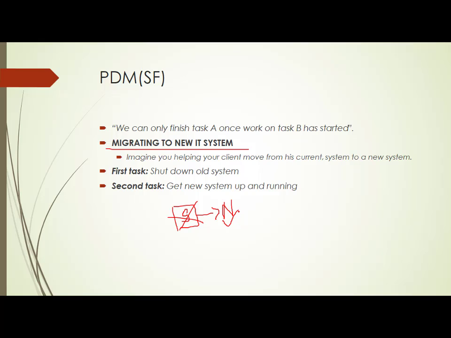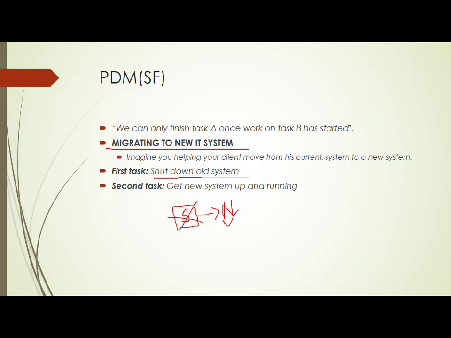Now how do you cut it? We can do it using an SF methodology. What is that SF? First shut down the old system, then get the new system up and running. Imagine you are helping your client move from his current system to a new system. Getting the new system up and running is the second task, but for that you have to shut down the old system.